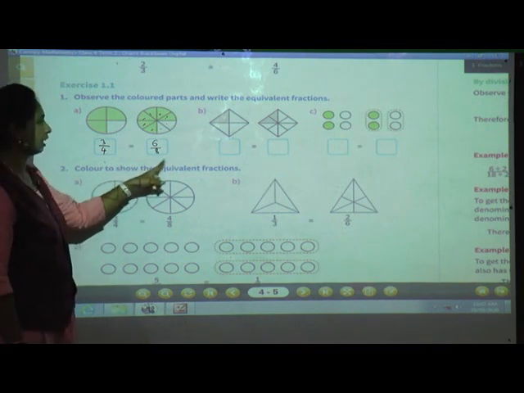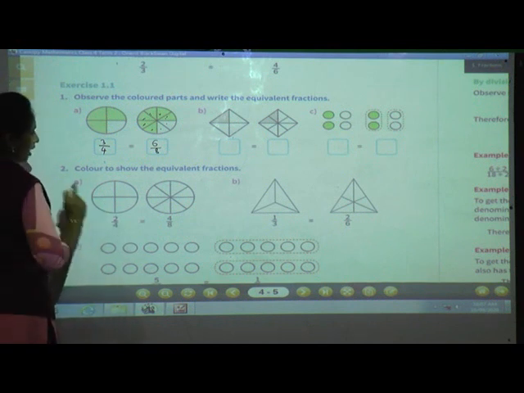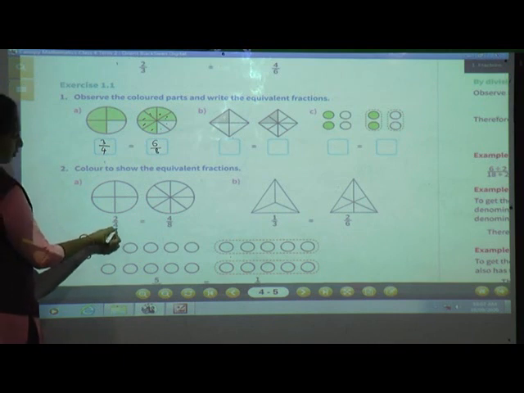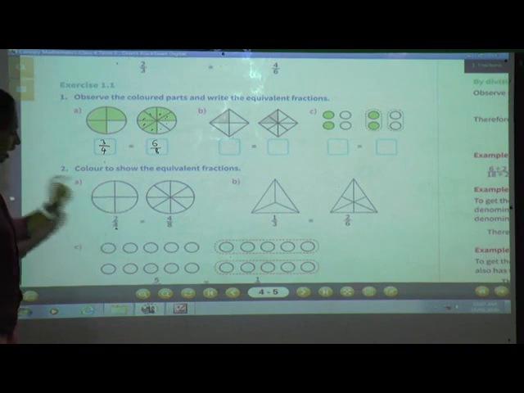Now the second question. Color to show the equivalent fractions. Now we have to color. They have given the fractions, we have to color. Now what is 4? 4 is the whole. See 1, 2, 3, 4. And how many parts do we have to color? 2 parts.